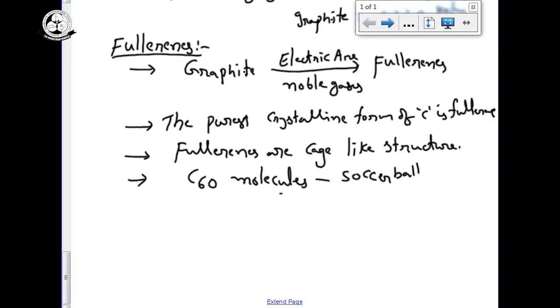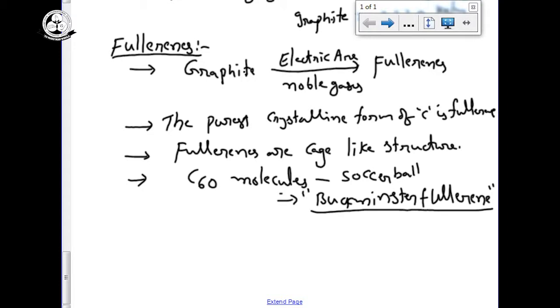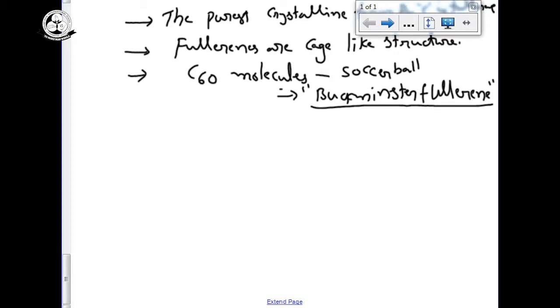This structure is called Buckminster fullerene. Looking like a soccer ball, the minimum 60 carbons are arranged like a ball. That is called Buckminster fullerene.